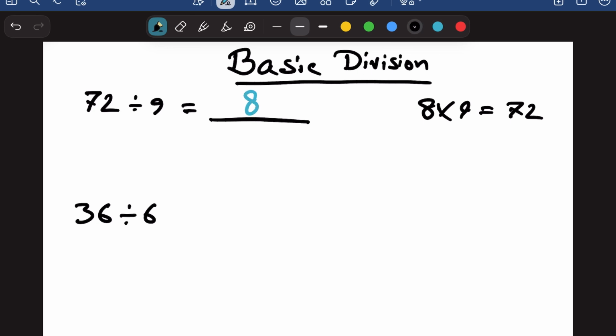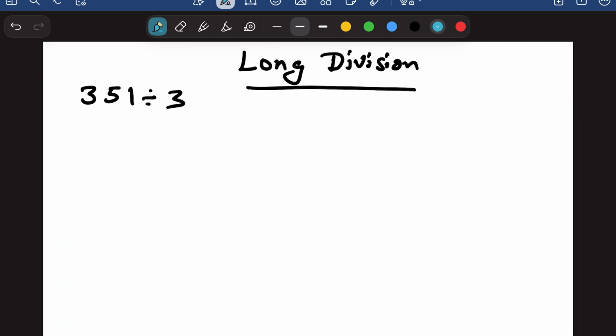Now 36 divided by 6 equals what? So with the 6 times table, you know 6 times 6 is 36. So 36 divided by 6 is 6. There's no shortcut around it. If you know your times table, this will be super easy. We have a video on our channel on learning times table, so please check that out.